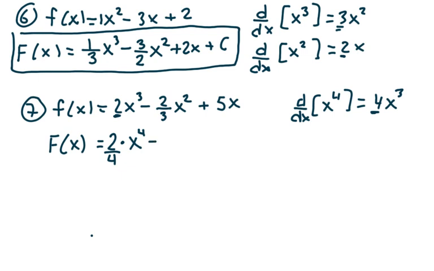And then I'm going to go minus 2/3 times x cubed, right? We move up a degree. But take a look at this. The derivative of x cubed is 3x squared.